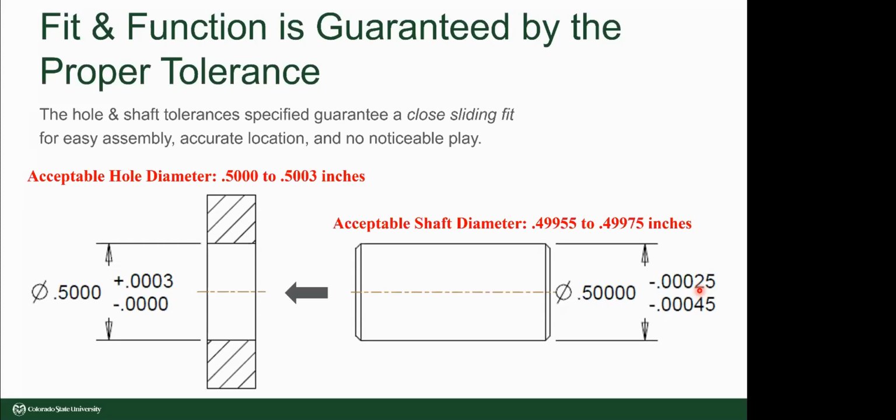This type of fit will allow the hole and the shaft to assemble easily. You're not going to have to force them together. But it will also be a close fit that doesn't leave any room for the shaft to wiggle around in the hole. In other words, that would be a perfect fit for this particular application of being able to align different parts together using the shaft.